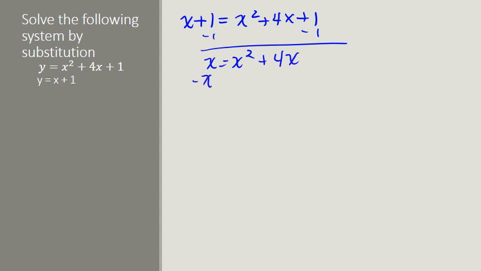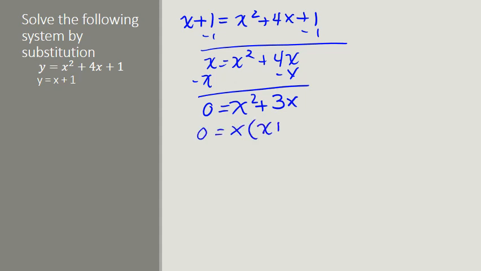I'm going to subtract x. So I get 0 equals x squared plus 3x. I can factor this by factoring out an x. So I get x times x plus 3. Set both of my factors equal to 0. So x equals 0 and x equals negative 3.